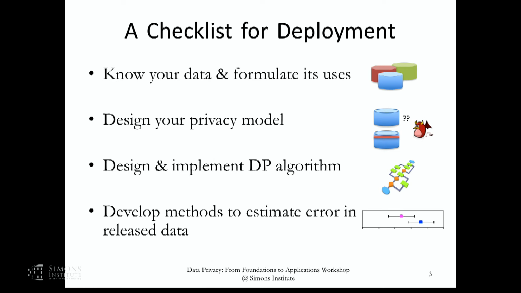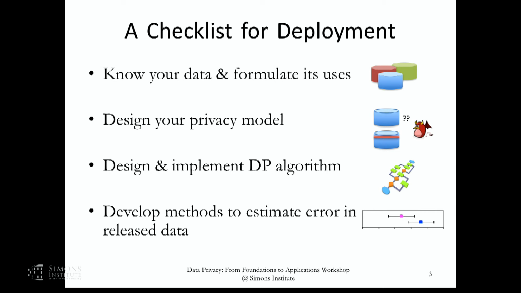Don't try to force fit it into a single table, but understand what the entities in your data are, what the relationships are, and also, more importantly, formulate its uses. What is the data being used for? What do people care about? I think it's a very, very important task before you even go into the process of deploying differential privacy.